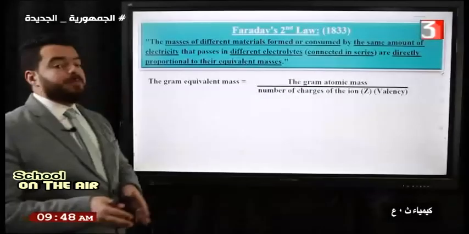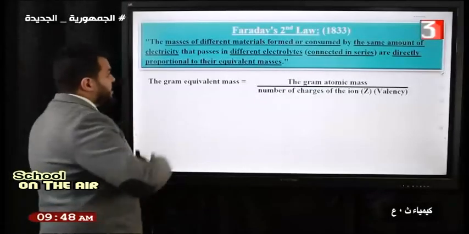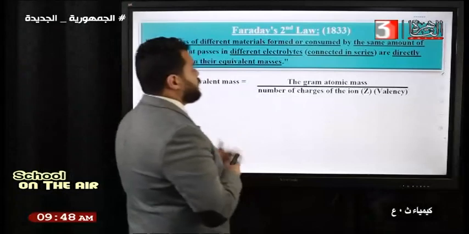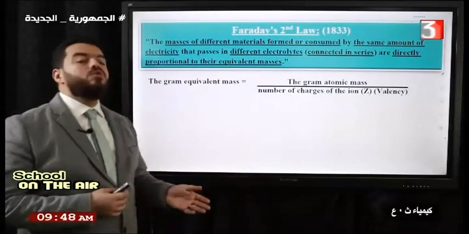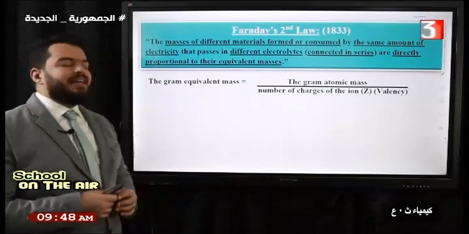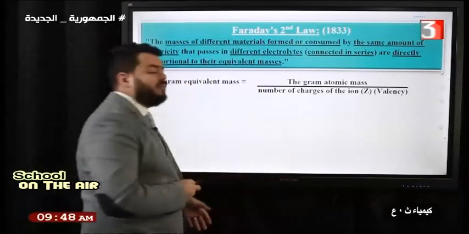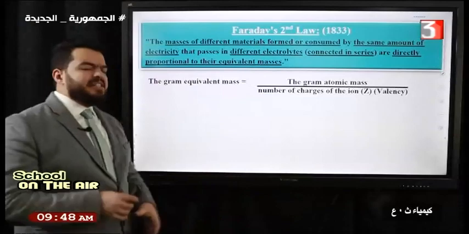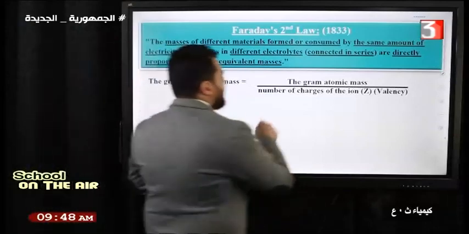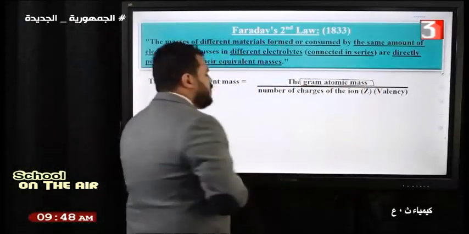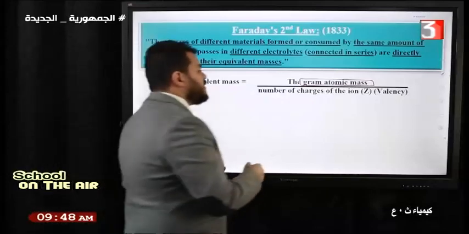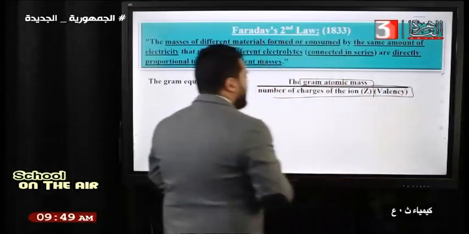In another experiment, he explained that the mass of different materials formed or consumed at the anode or at the cathode depends on the equivalent mass of the element. What is the equivalent mass? The equivalent mass of an element is the gram atomic mass, or the atomic mass over the valency of the element.